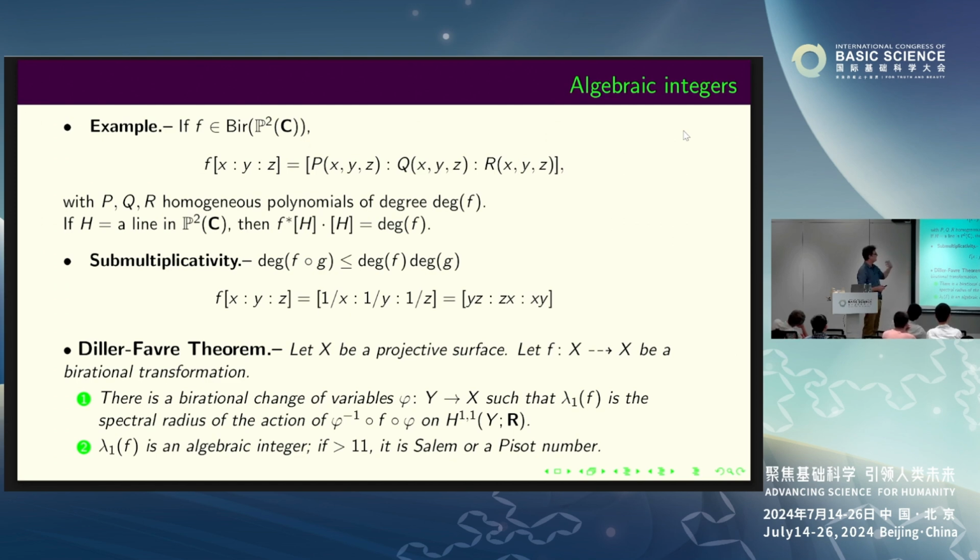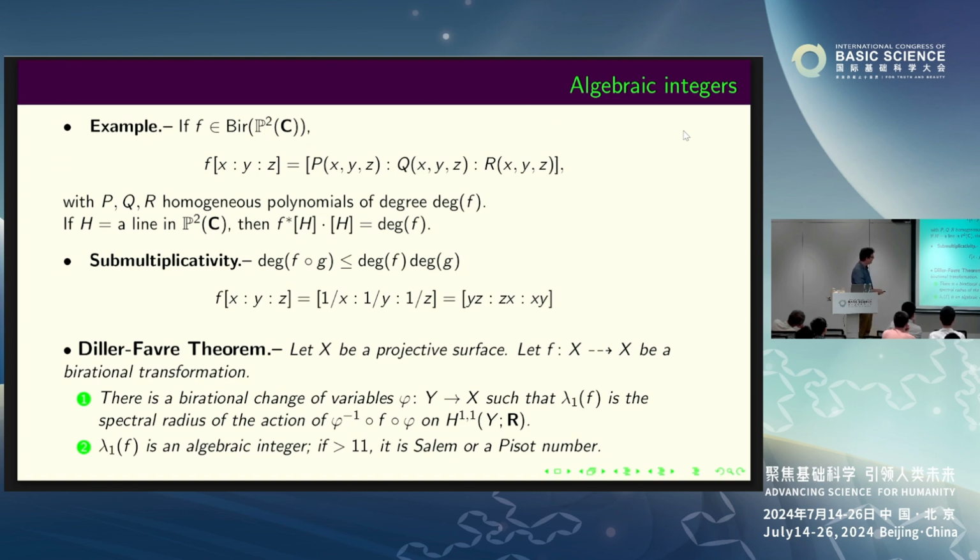It's the same as asking whether degrees of compositions are multiplicative. If it is a well-defined action of the group of birational transformations on the homology of P2, it should be a well-defined action on Z, and there is a problem. Here is an example. The degree is obviously submultiplicative, but when you compose two maps, so you write them with homogeneous polynomials, what may happen is that the composition has a common factor that you can factorize, and then the degree drops.